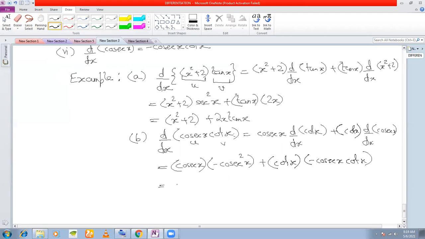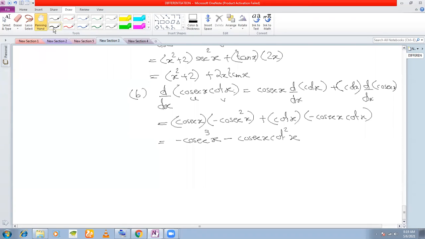What you ultimately get is minus cosec cube x, and the plus and minus combine to give you a minus cosec x cot square x. If you take cosec x common, what you get here is cosec square x plus cot square x, and that should be your answer.